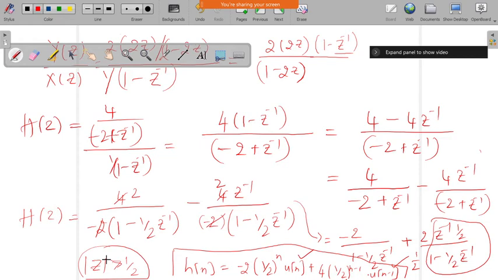So that means it includes the unit circle. If you draw the unit circle, the pole is at half, and the unit circle is somewhere out here, so the system is stable because the pole is within it. So the system is stable, and the given system is causal.